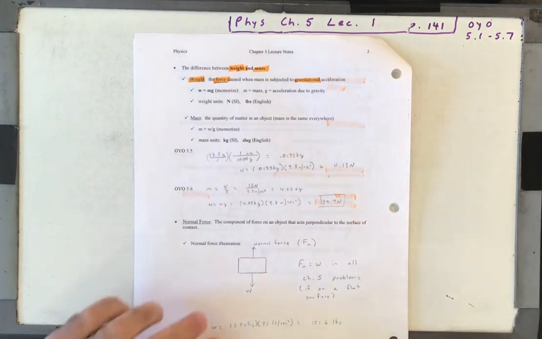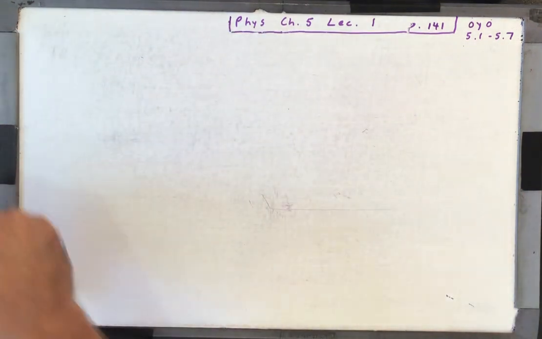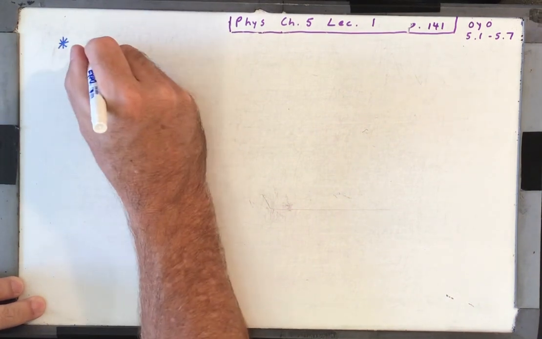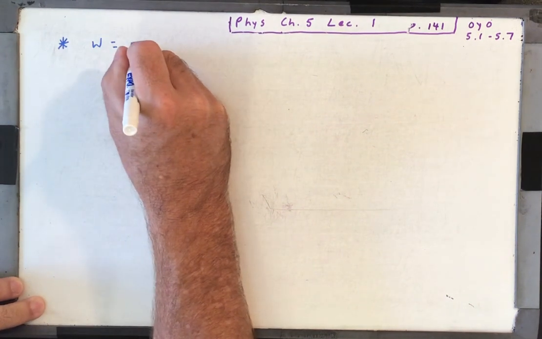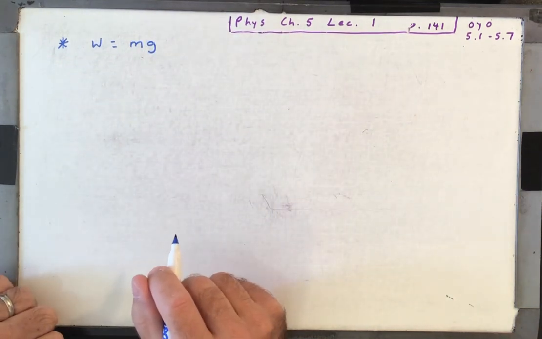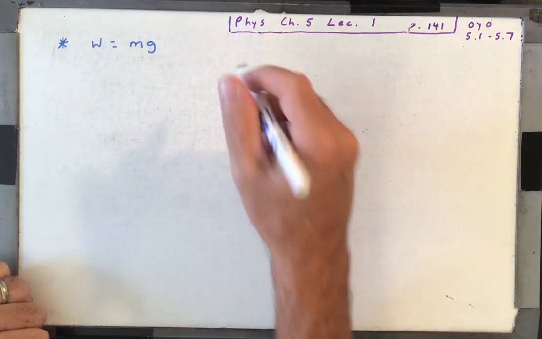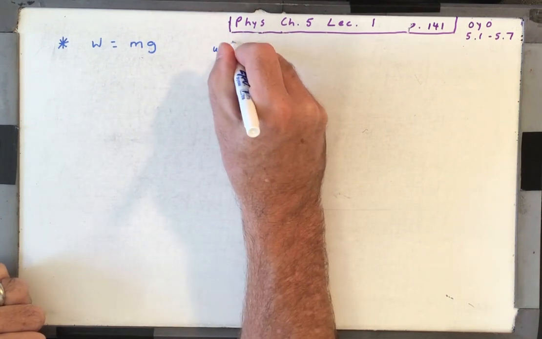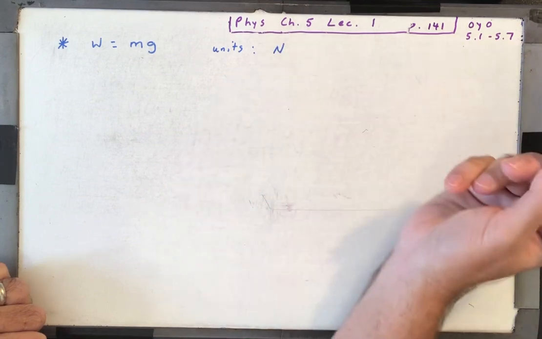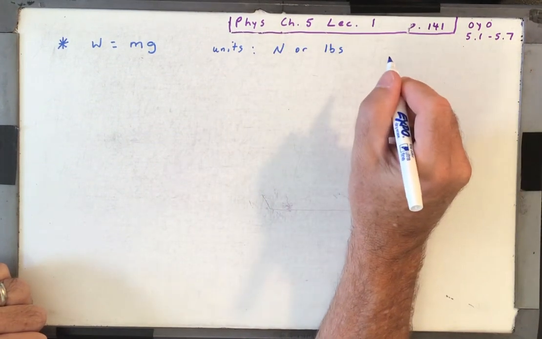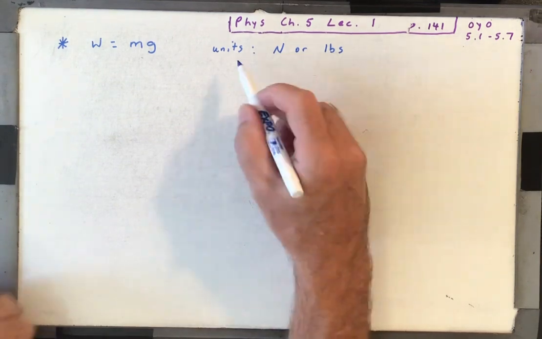So our equation for weight equals mass times gravity. Okay, so you've got to memorize that. The units are newtons, if you're metric, or pounds, if you're English. Okay, newtons or pounds.